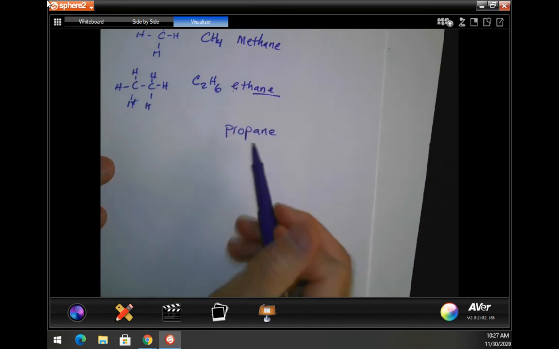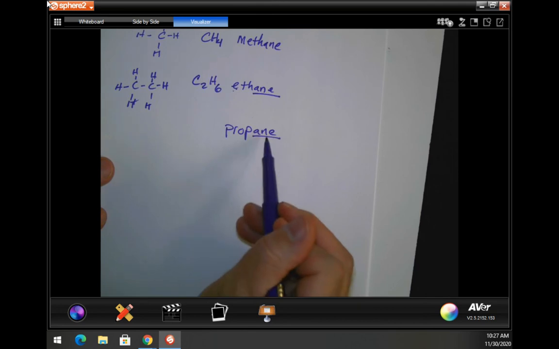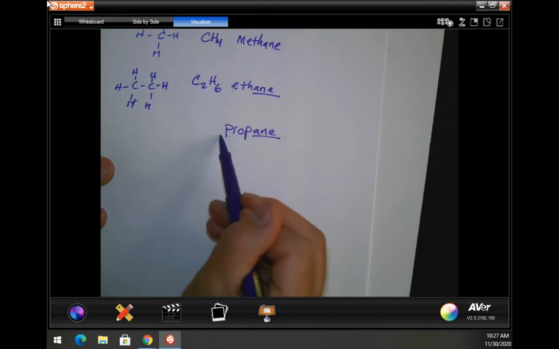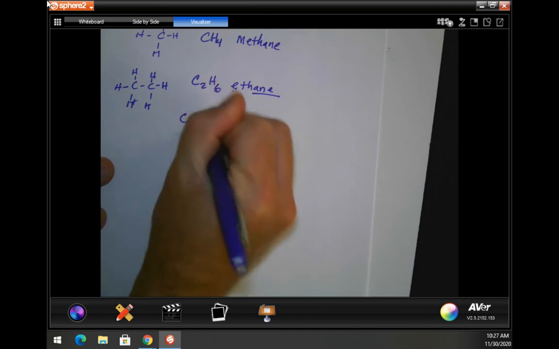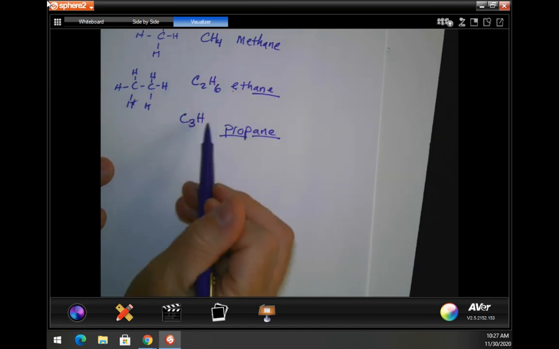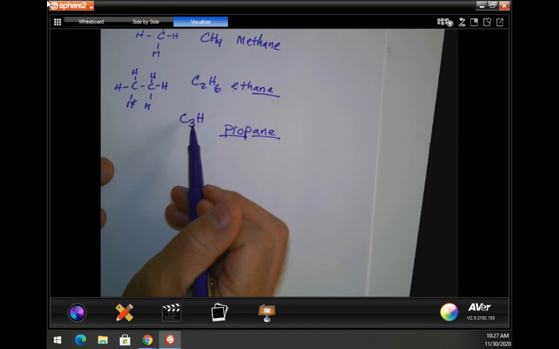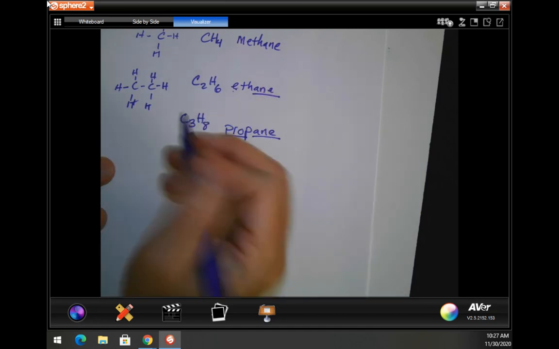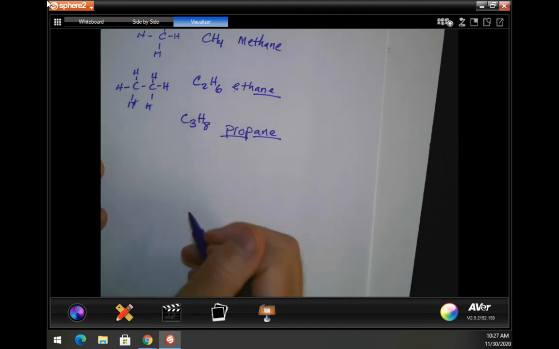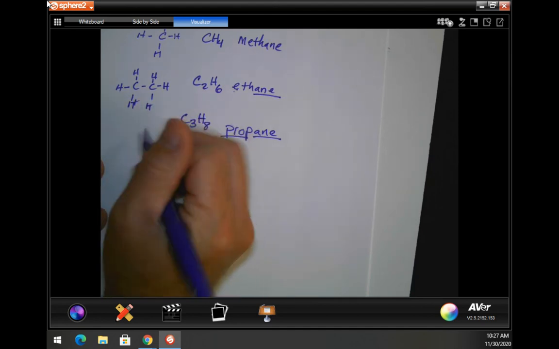Now we can work backwards, and let's say it's propane. Go through your checks. The ane tells you that they're all single bonds. The prop tells you what? There's 3, so it's C3. How do we get how many H's? 3 times 2 is 6, plus 2 is 8. Then we can draw them all out, but I'm not going to do that. Let me show you a simpler way.